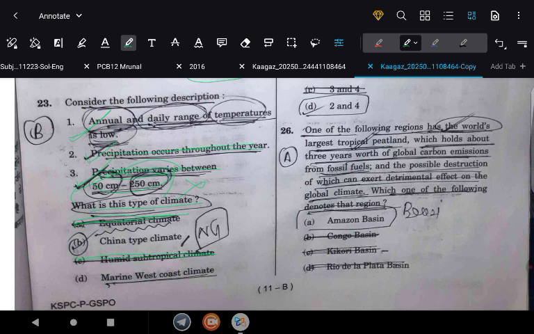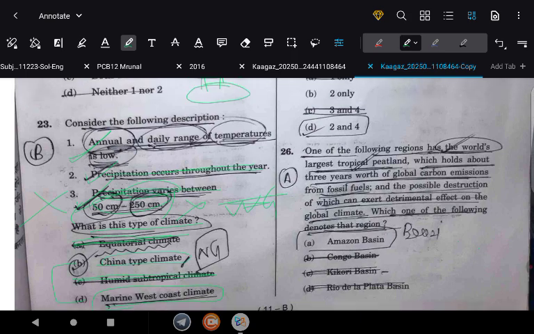These are not the characteristics of humid subtropical. These are mentioned in the NCERT, and I think it must be mentioned in the Köppen's classification in the physical geography NCERT. So I was confused between B and D, and I got this question wrong. The answer was the marine west coast climate, which is D. I thought the China type had more or less similar characteristics, but apparently it is not the answer. That's fine.